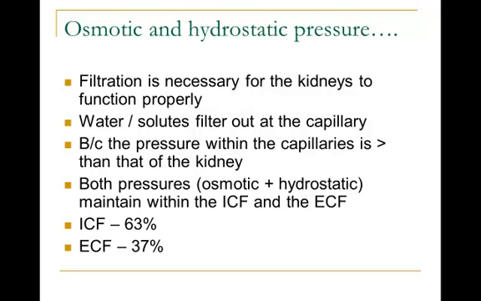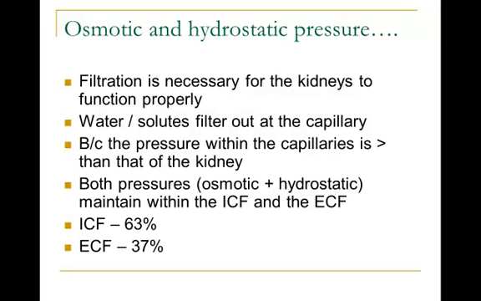They're constantly sieving. It's like putting your water and your kidneys through a sieve and holding on to certain particles that we need in our blood versus things we want to get rid of. So all of this gets filtered out at the capillary level, because remember that the pressure within the capillaries is greater than in the kidney. So therefore we're going to have higher pressure.